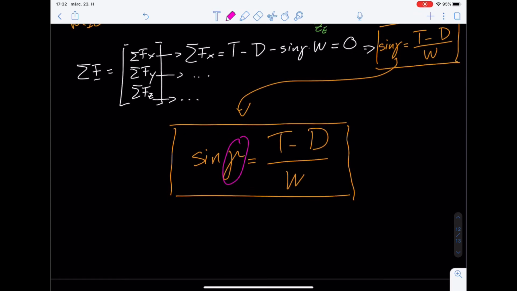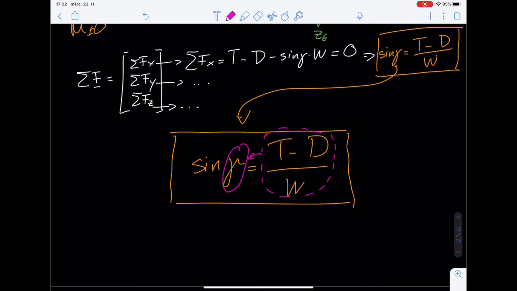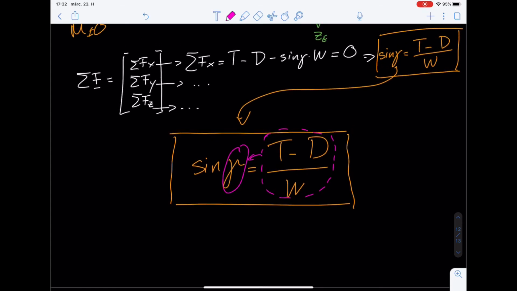Because of course, if the angle is 0, the sine is going to be 0 as well. And as the angle is increasing, the sine is increasing. So therefore, we can see that there's a direct correlation in how this fraction changes that will indicate how this flight path angle is going to behave, basically.